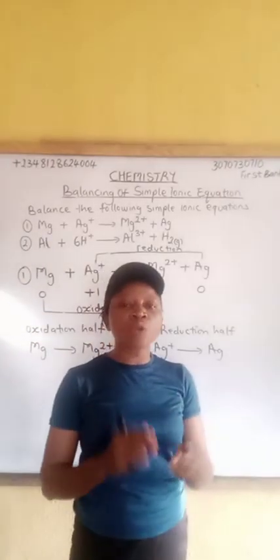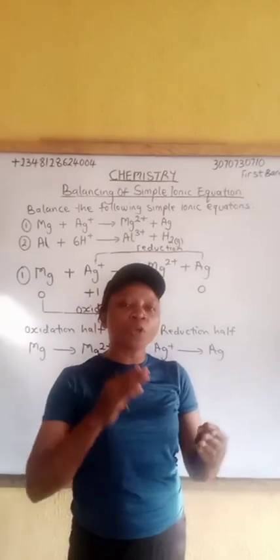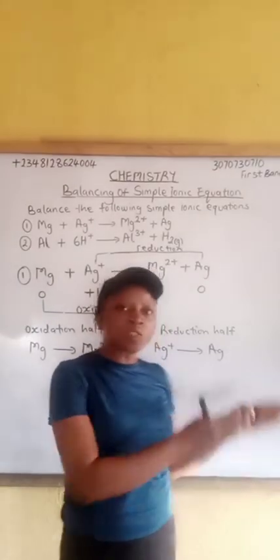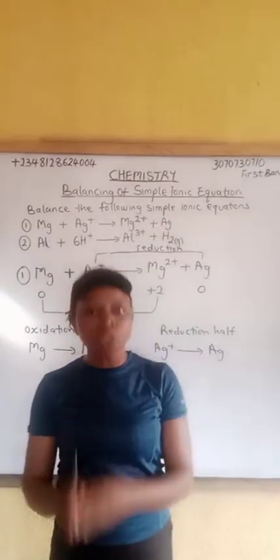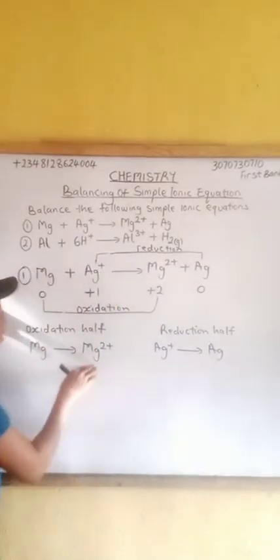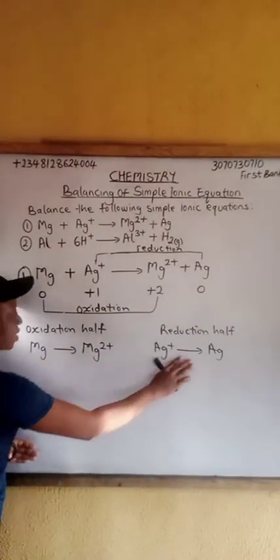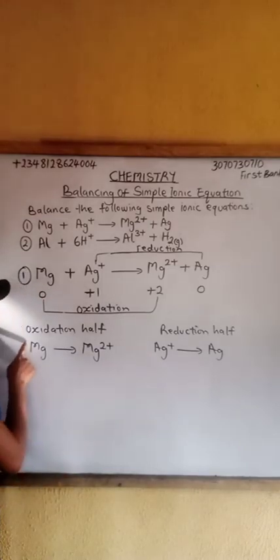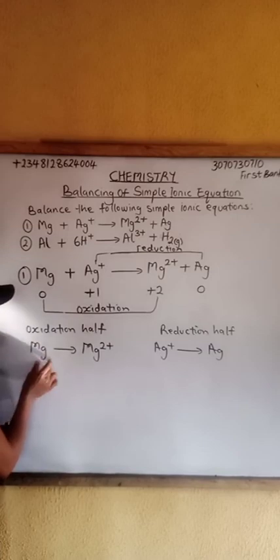Now after that, you are going to balance the number of atoms at the oxidation half side and the reduction half side. Let's see if the number of atoms present are balanced. At this side we have one magnesium, one Mg.